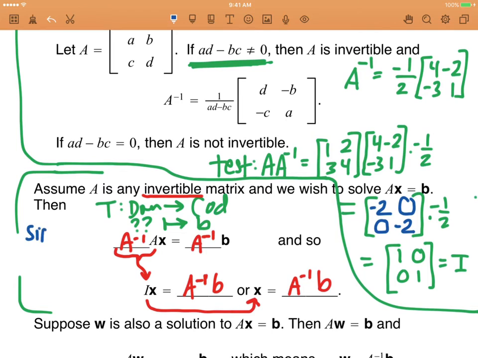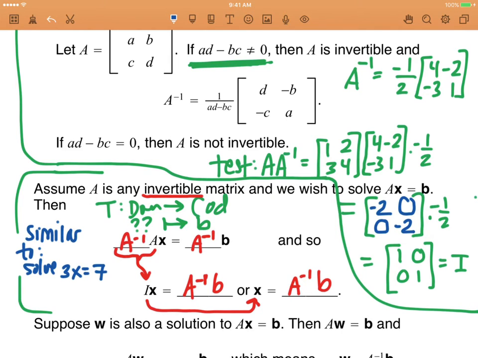It's similar to what if we're just dealing with regular old numbers and I say solve 3x equals 7. So the number 3 times some mysterious number x, and you get the result 7, and you want to know what x is. How do you find x? You divide both sides by 3.